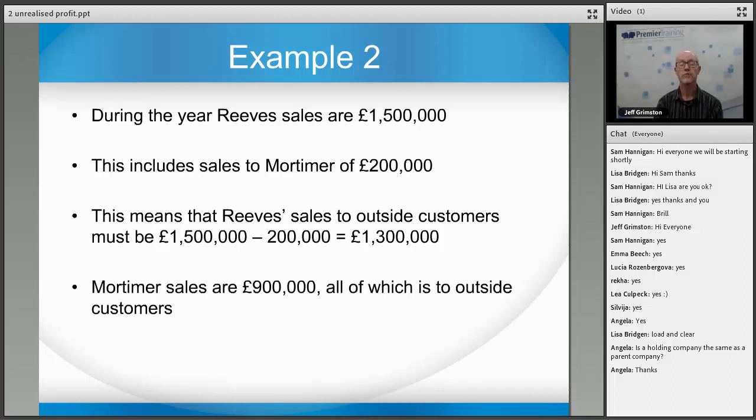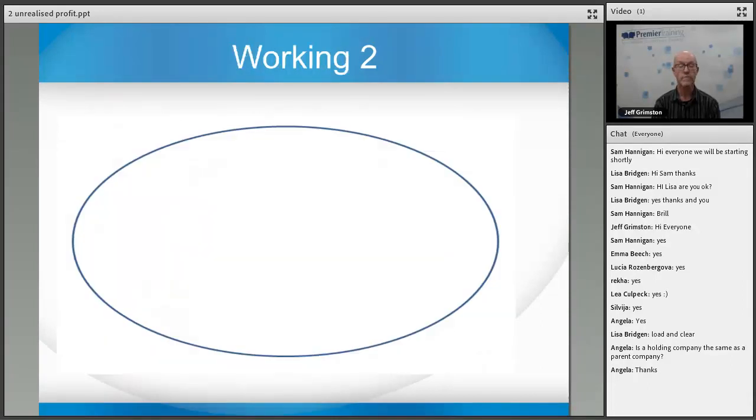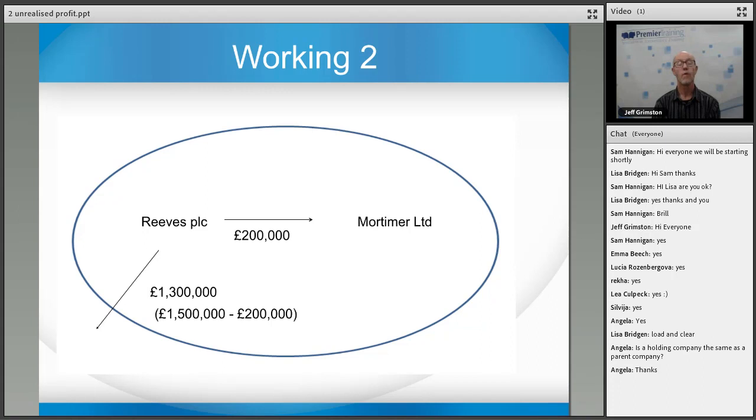Mortimer sales are £900,000, and all of this is to customers outside the group. Draw the diagram. Reeves, Mortimer. There's the sale from Reeves to Mortimer. Reeves sales to external customers, therefore, are 1.3 million because its 200,000 has not left the group.